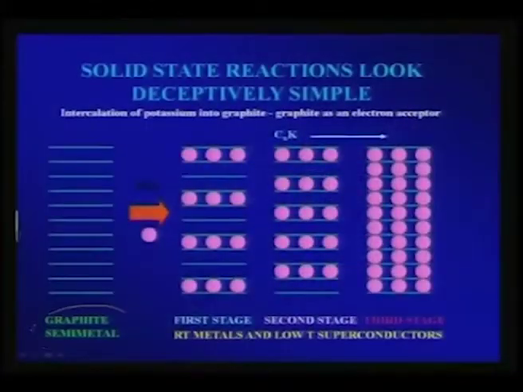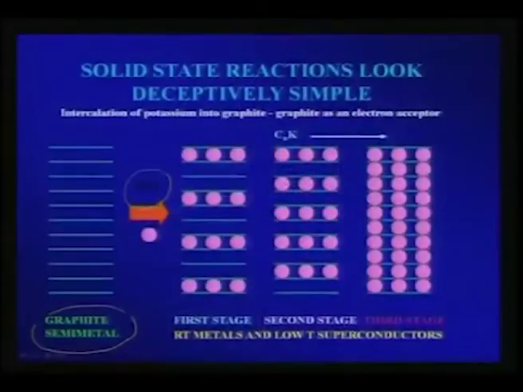For example, you take graphite, which is a semi metal, and if you start doping potassium, actually this is an intercalation that is happening. You try to pump in the potassium as a gaseous molecule, and when they arrive between the graphitic sheets, this is what happens.